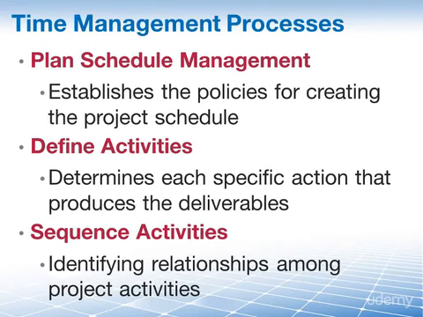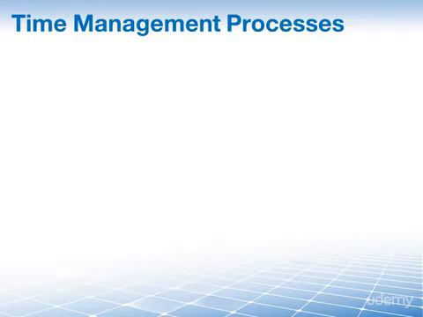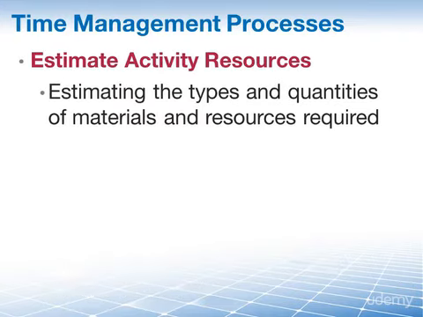Next, we want to assign resources and figure out how long all of this is going to take. Well, the first process to do this is estimate activity resources. The process of estimating the type and quantities of material, human resources, equipment, or supplies required to perform each activity.